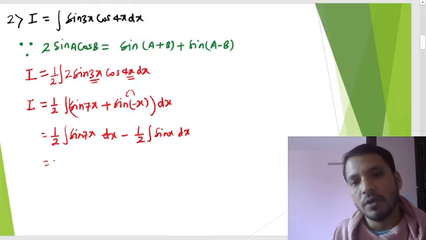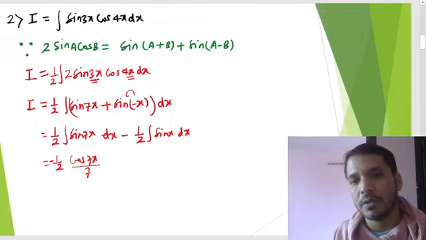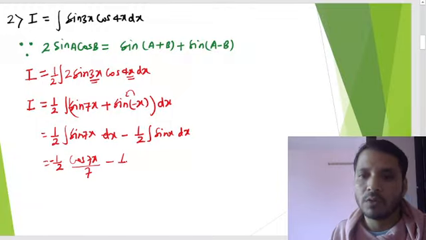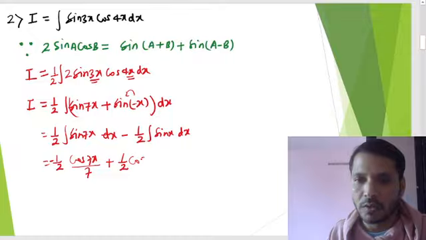Now 1/2 as it is, the integration of sine will become cos 7x, but with the minus sign, so minus here I will write, divided by 7. Now 1/2 again, the integration of sine gives minus, so minus minus becomes plus, and it is cos x, and at last plus c.